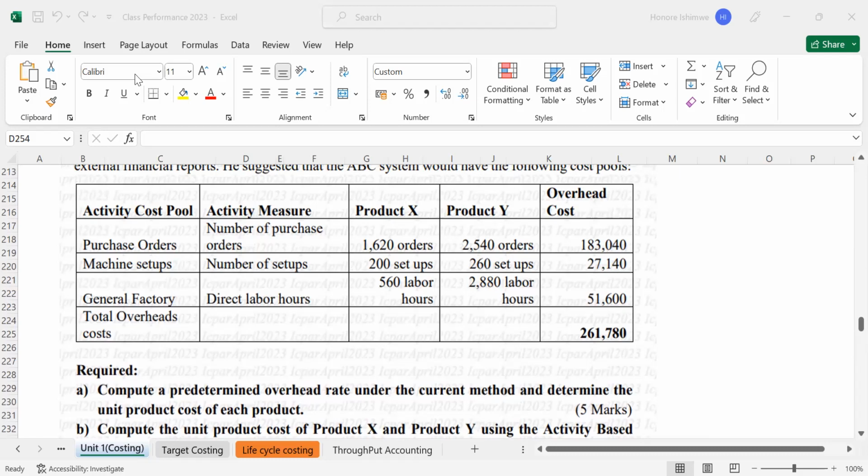Then after that, you do allocation using those cost driver rates, those costs per activity, to allocate those costs to the respective cost centers that the examiner will be asking you. Now, we have product X and Y.